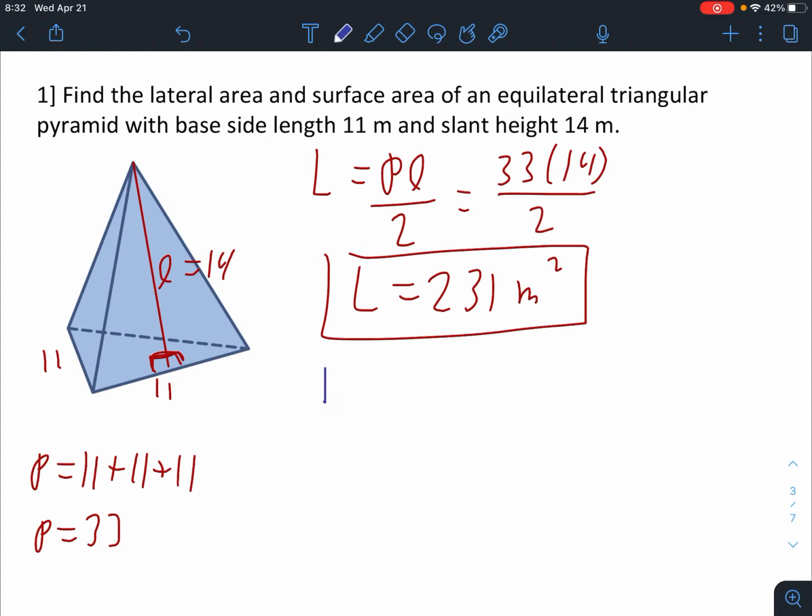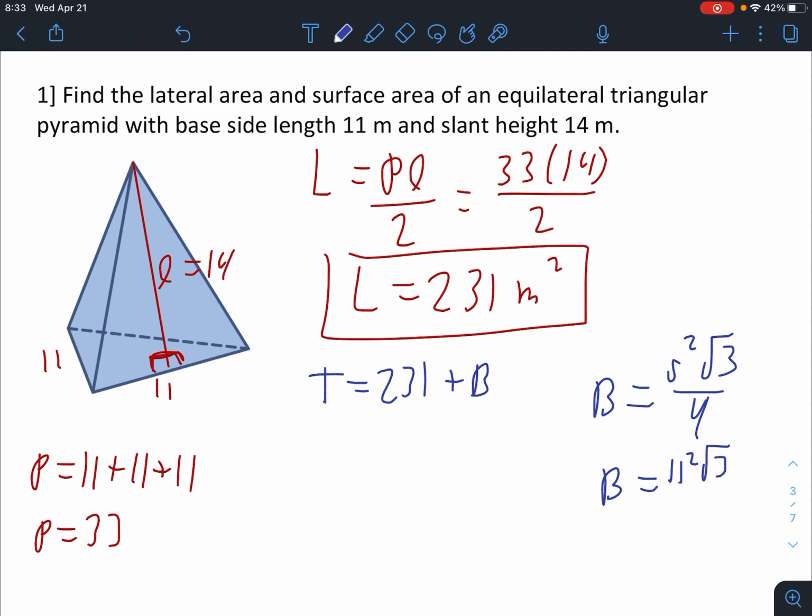So to find the total, we're just going to do 231 plus the area of the base. So now you got to think, all right, what shape is the area of the base? It's an equilateral triangle. So you still can use your Chapter 9 formula sheets with all the area formulas on it. The area of an equilateral triangle, remember, is side squared root 3 over 4. So this would be 11 squared root 3 over 4.